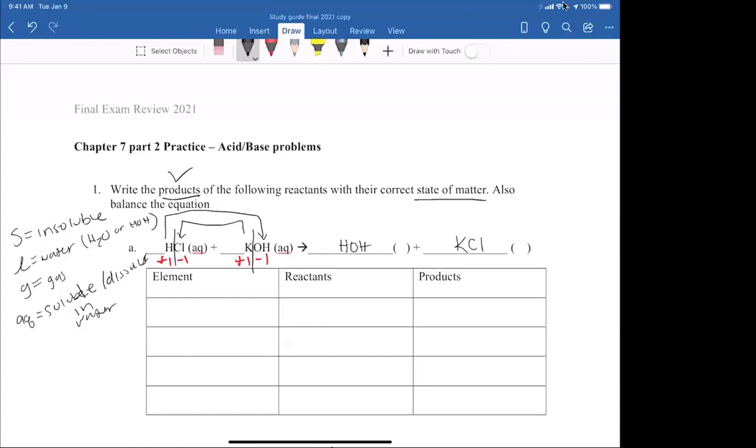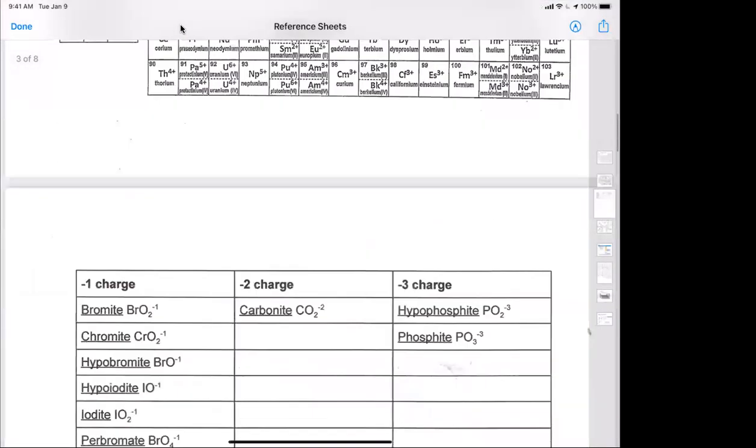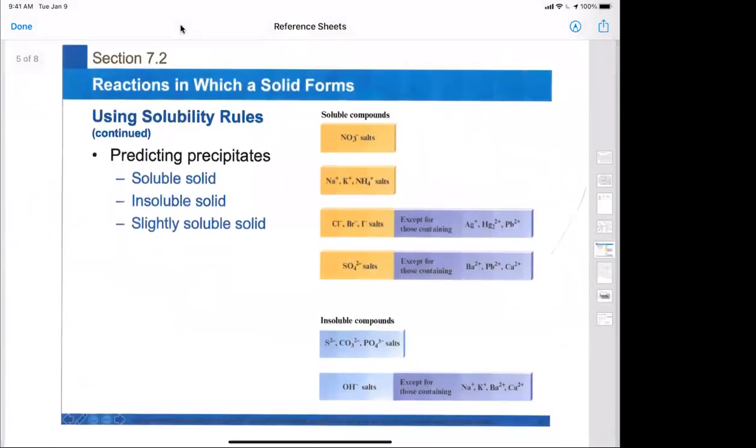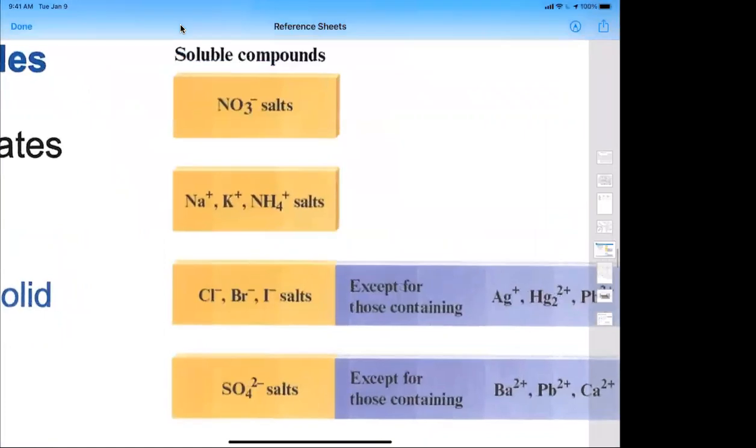Let's see. Liquid, exactly. HOH would be a liquid. So we would put L. Now KCl, we have to look for that one because that one we have to look up in the solubility rules. So what solubility rules are those? That's page 5. Reminder, some of you have hard copies of this, some of you don't.